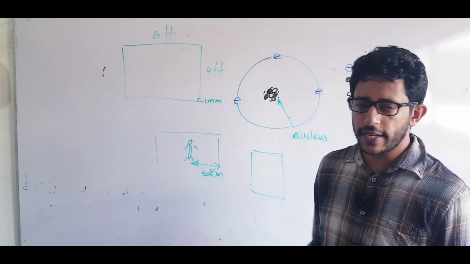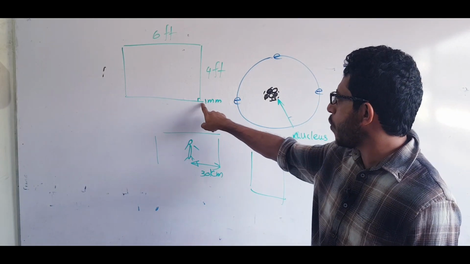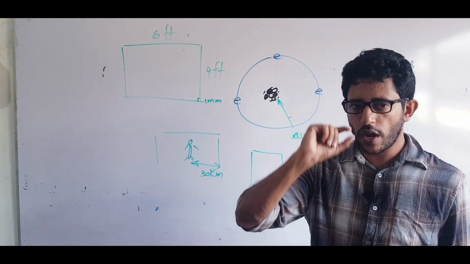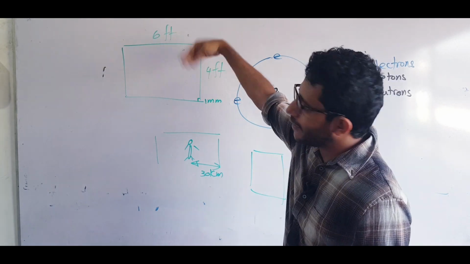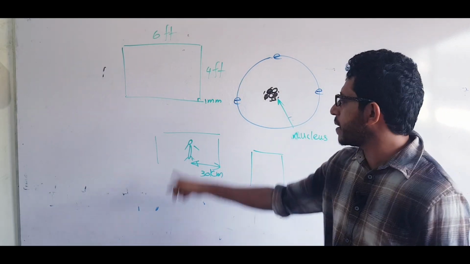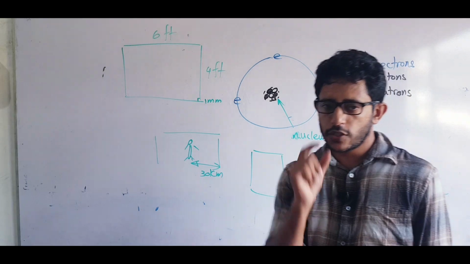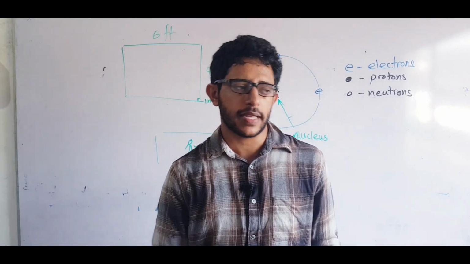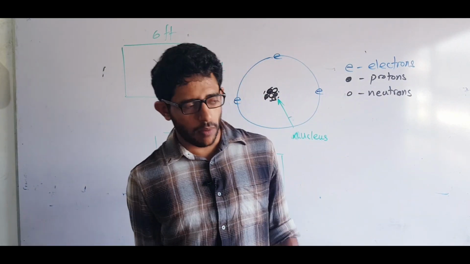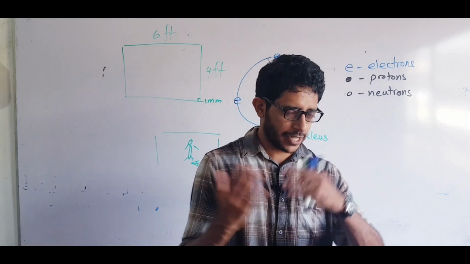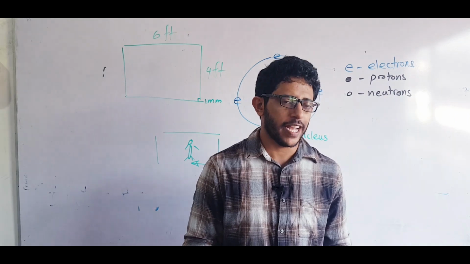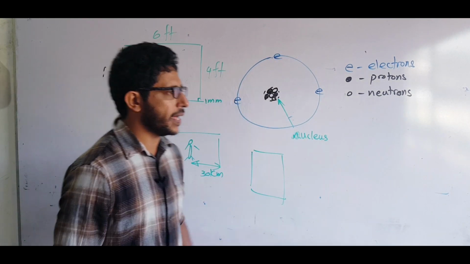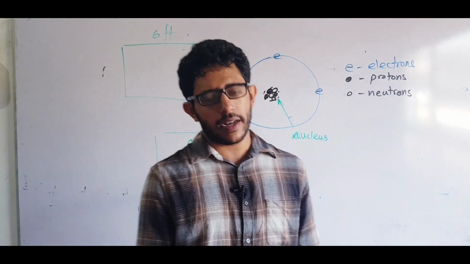You won't be able to see anything. In fact, if you just have 1 millimeter squares of a 6 feet by 4 feet picture, I am just taking this as an example, you won't see any picture in this 1 millimeter square. So that's the thing, one atom is almost impossible to see. Actually, to date, no one has seen an atom. We assume that it would be like that. Anyway, so those are not that much.